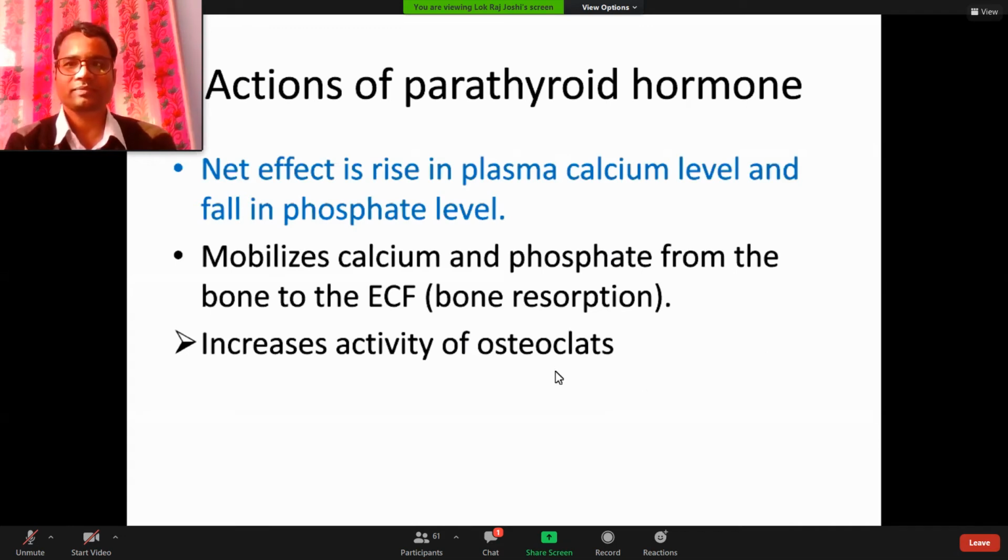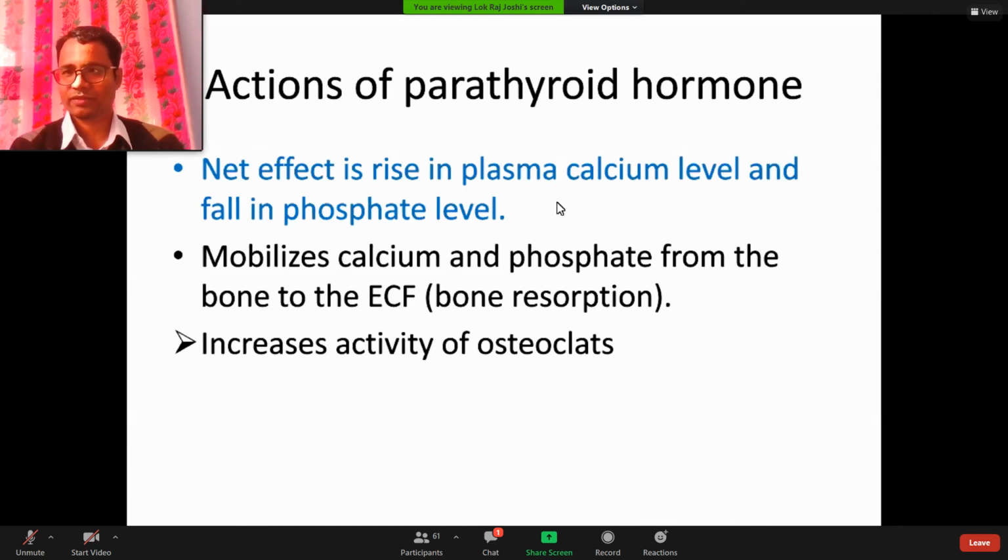Okay, thank you. Now, we are talking about actions of parathyroid hormone. The net effect is to increase plasma calcium level and decrease phosphate level. The role of parathyroid hormone is to dissociate calcium and phosphate, increasing calcium level but decreasing phosphate level.